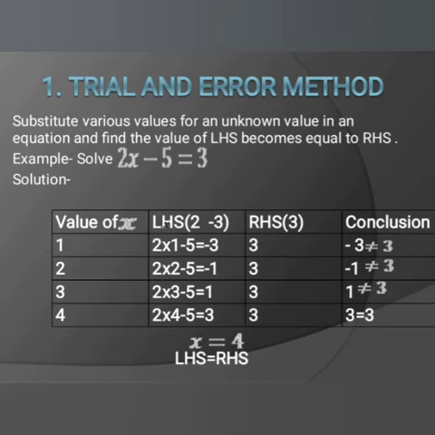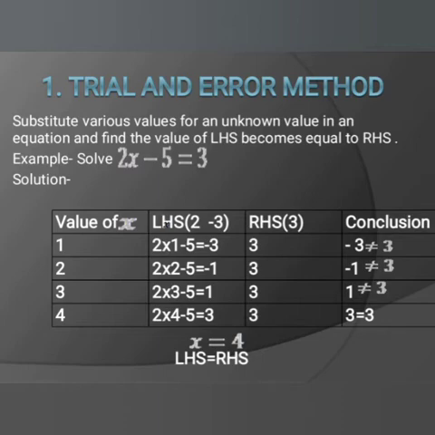Let us understand the trial and error method with the help of an example. Let us solve 2x minus 5 is equal to 3. Here the value on left hand side is 2x minus 5. So first of all we will put 1 in place of x. So 2 multiply 1 minus 5 is equal to 2 ones are 2 and 2 minus 5 is equal to minus 3.